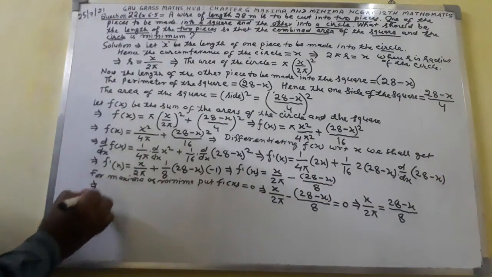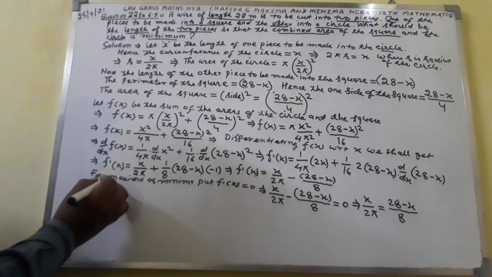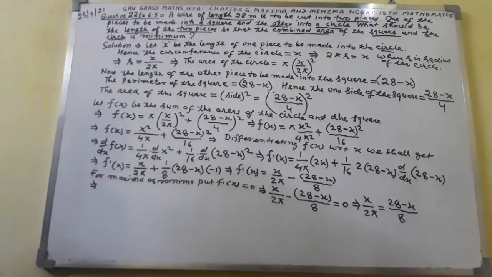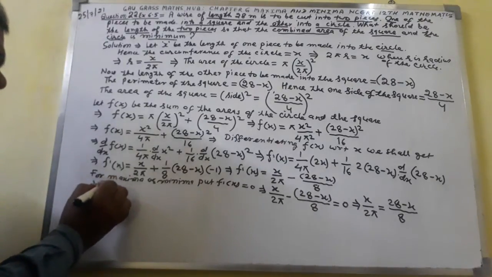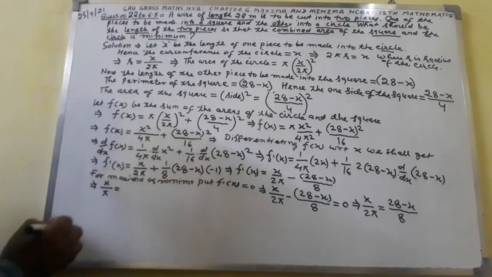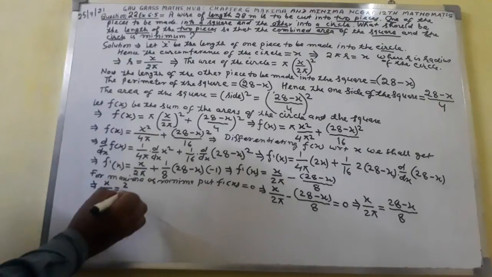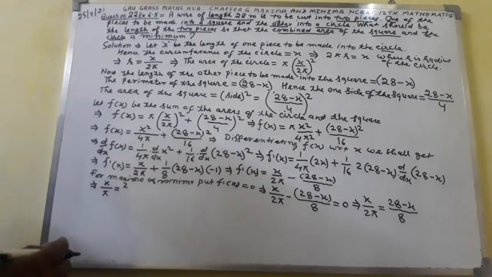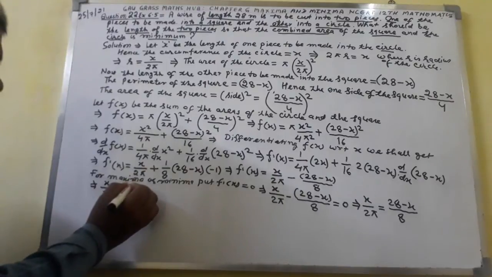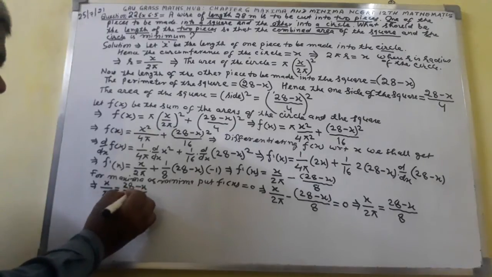Again I shall write, implied that, find out the value of x here. So here I shall get x over pi equal to (28 minus x) over 4.